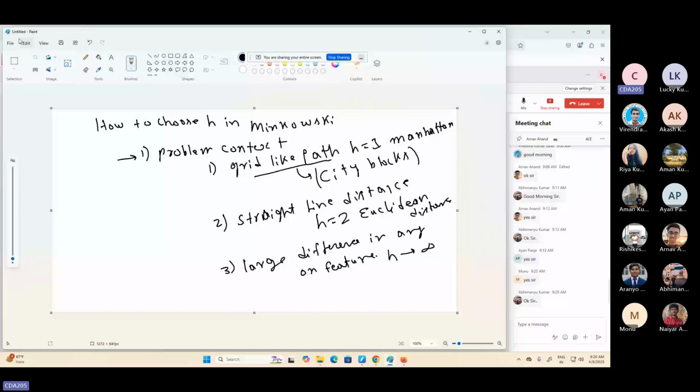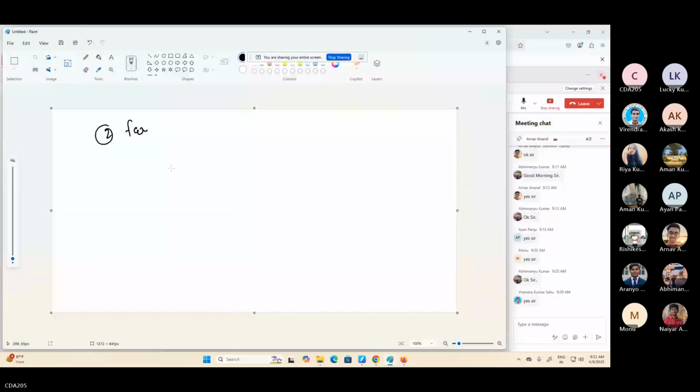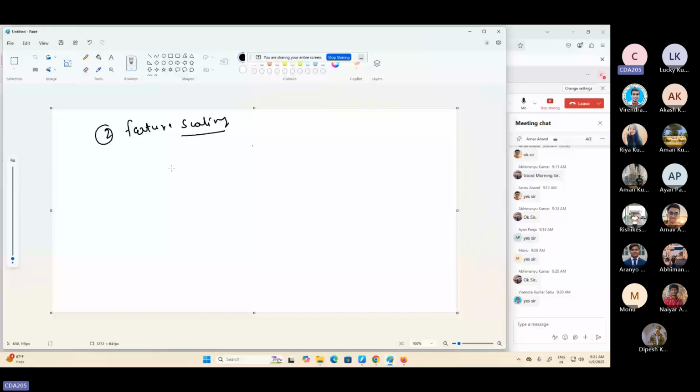Now, what is the second parameter on which we have to decide h? That is feature scaling. Always remember, Minkowski distance is sensitive to the scale.